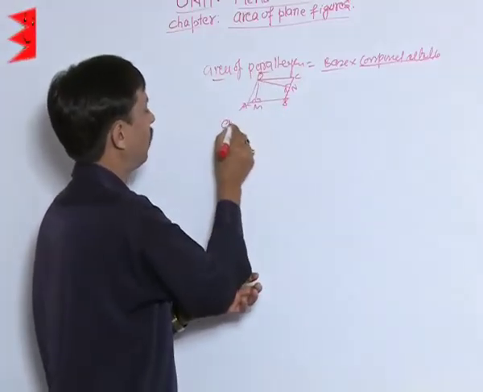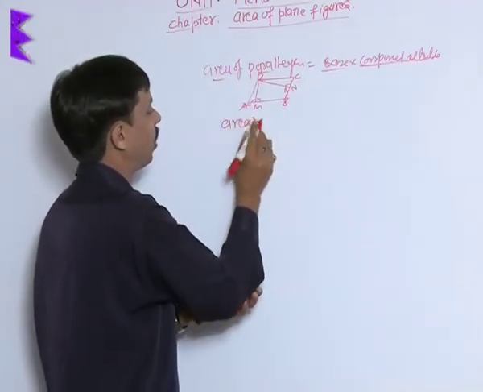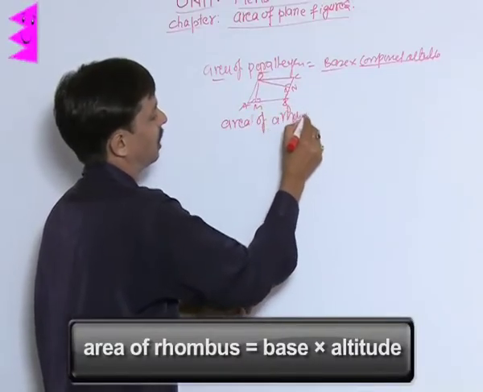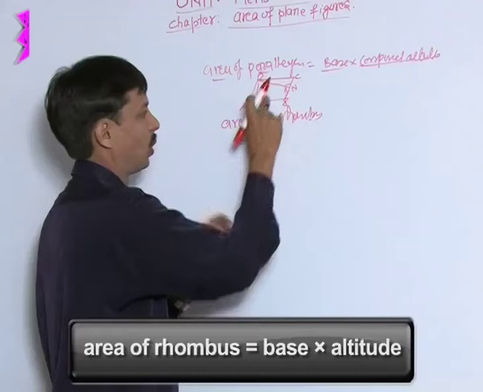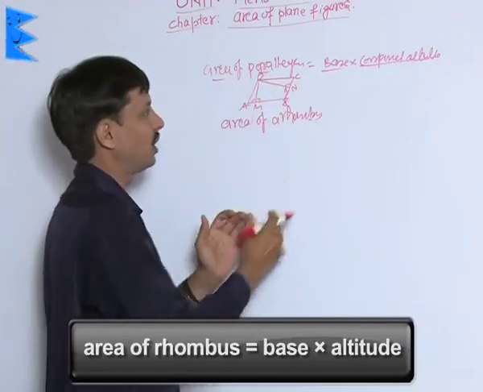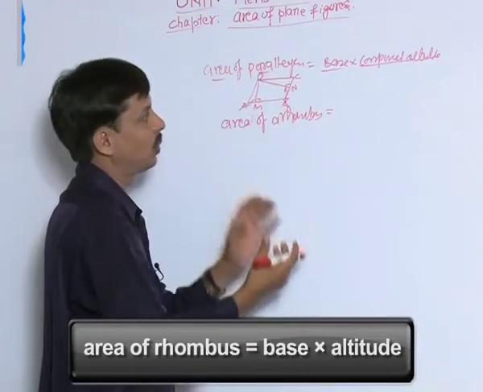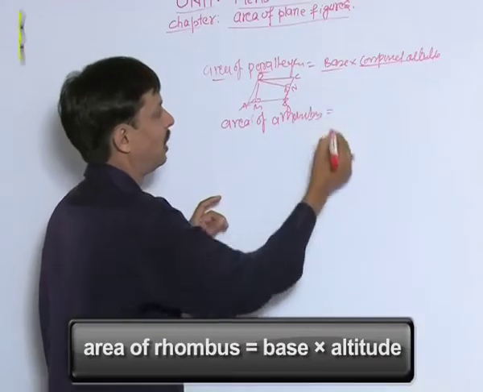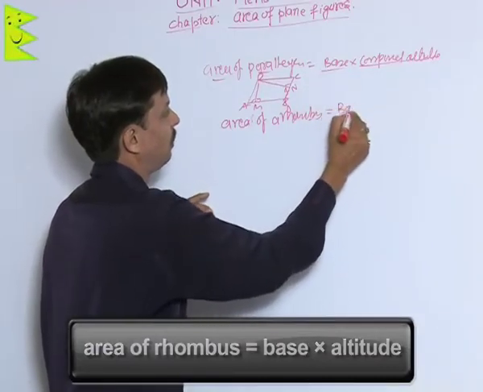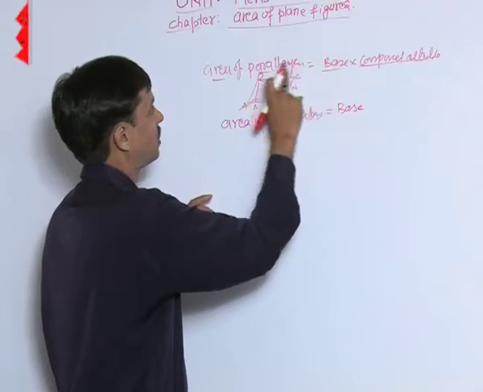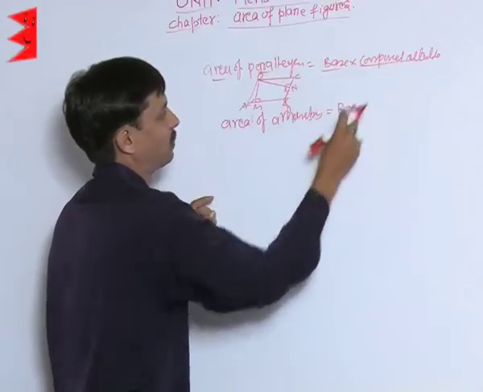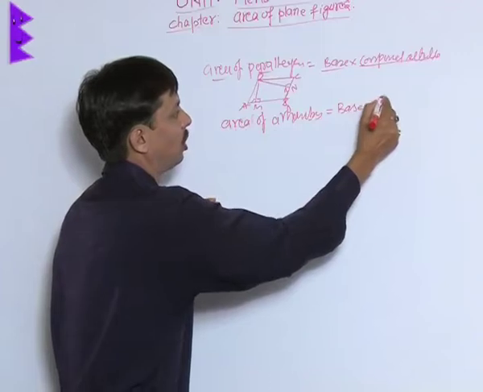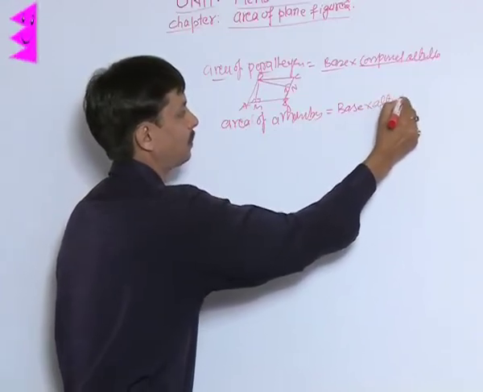Now after it, how we find the area of a rhombus. A rhombus is a parallelogram whose all sides are equal. If all sides are equal, then all altitudes are also equal. So what difference will be in these two formulas? The area of a parallelogram is base into corresponding altitude, and the area of a rhombus is base into altitude or height.